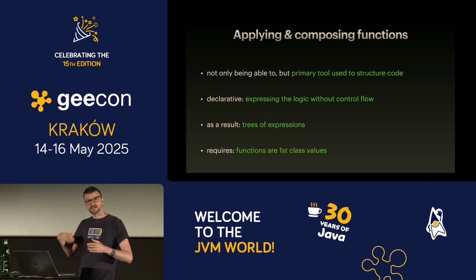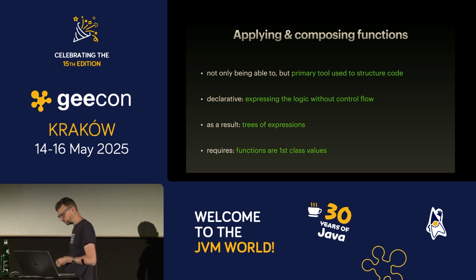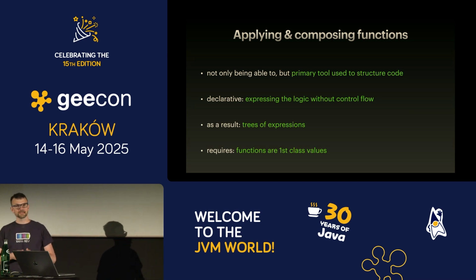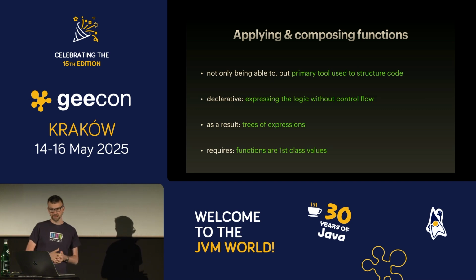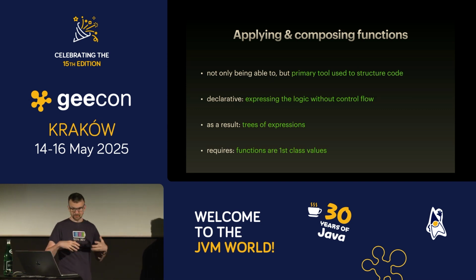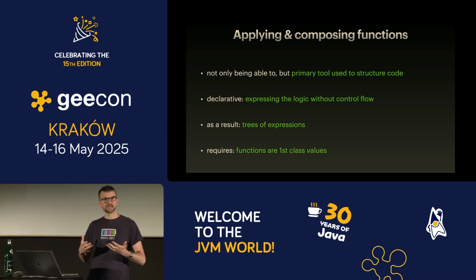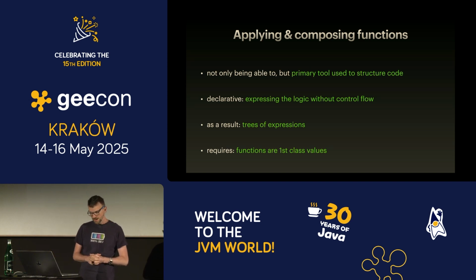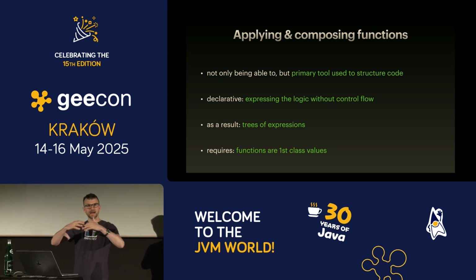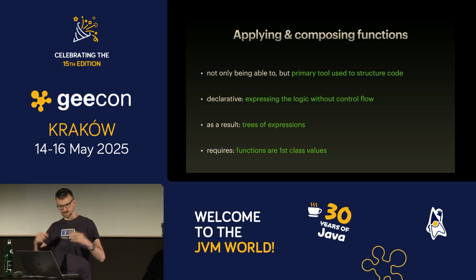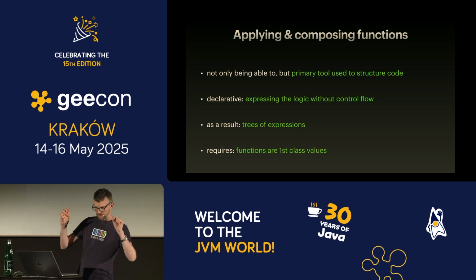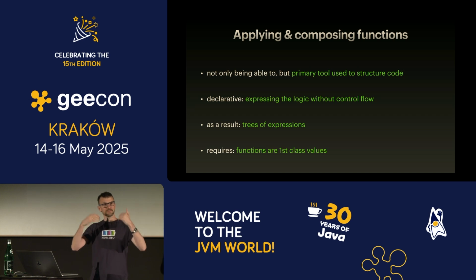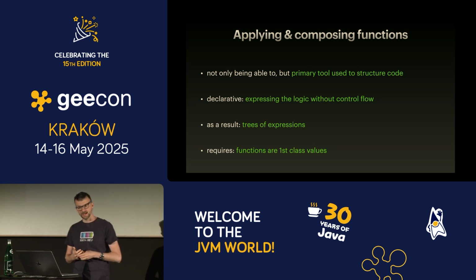And this has some consequences, right? If you want to construct your programs primarily by applying and composing functions, you need to have functions as first-class values. That's a natural consequence. Then your program becomes a tree of expressions where the results of the previous function applications are parameters to the next function applications.